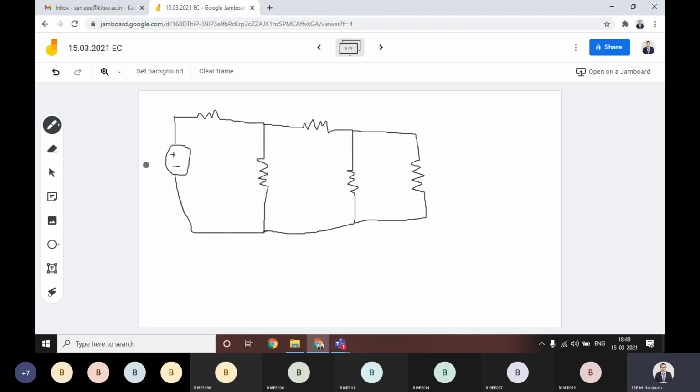This is E. Because of this voltage there is a current I, and this value is equal to 1 ohm, this is 6 ohm, and this one is 1 ohm.